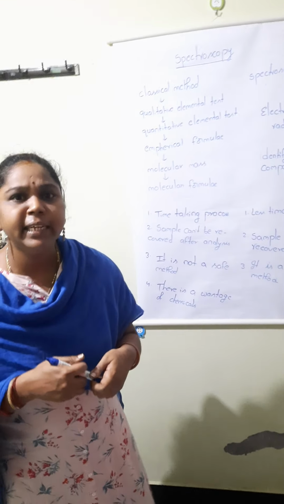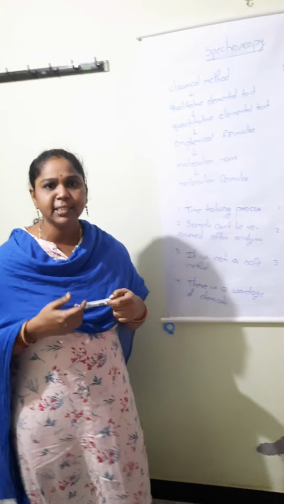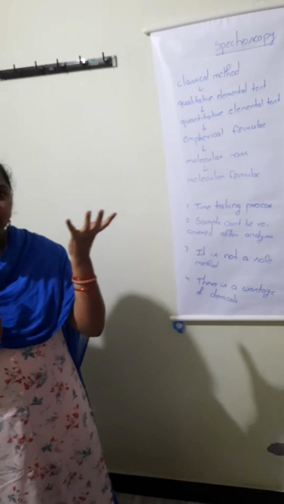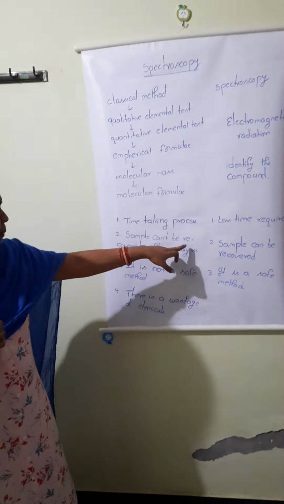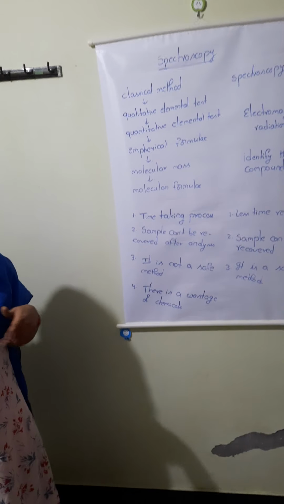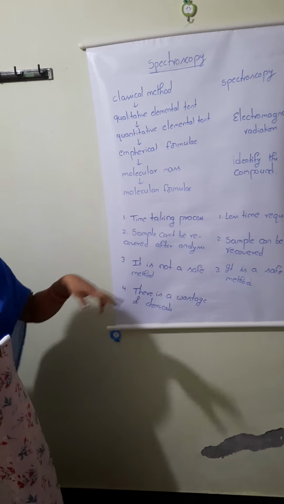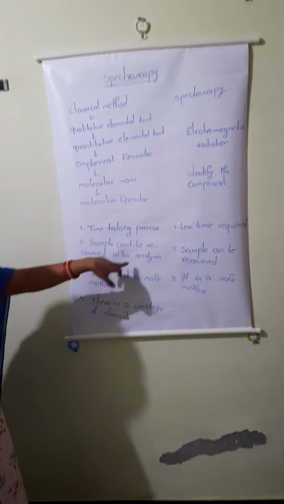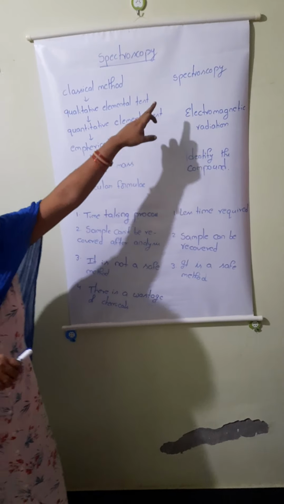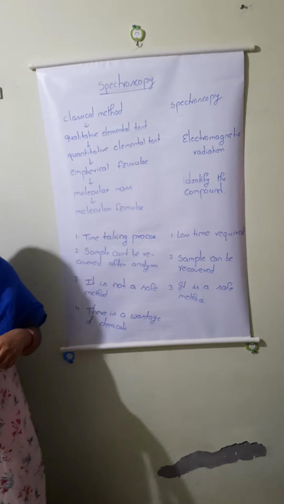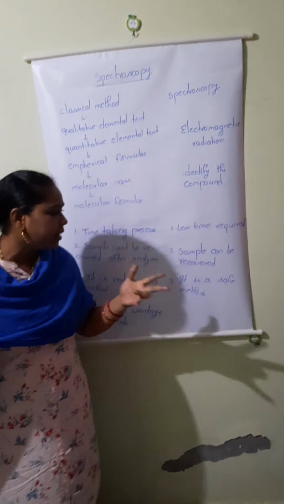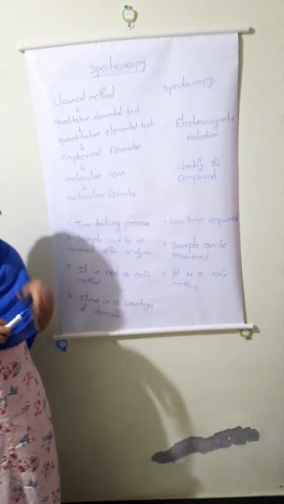When we do many chemical reactions, can the sample be recovered at the end? No, it is not there. So the sample cannot be recovered after analysis. But in spectroscopy, the sample can be recovered after analysis.